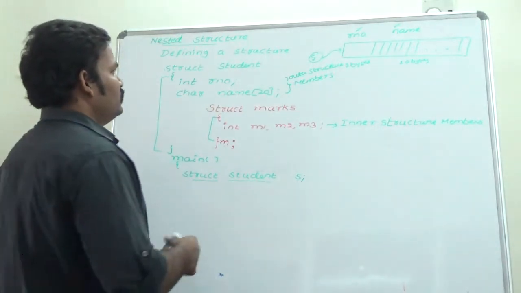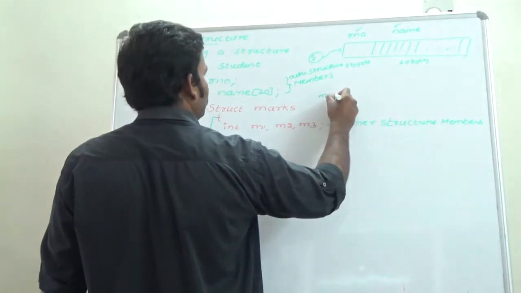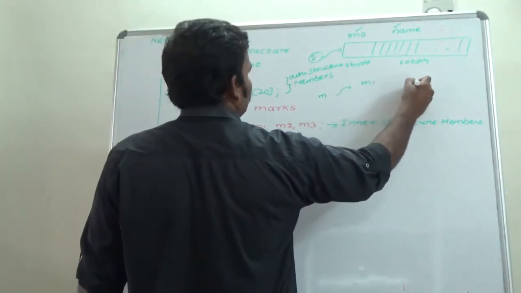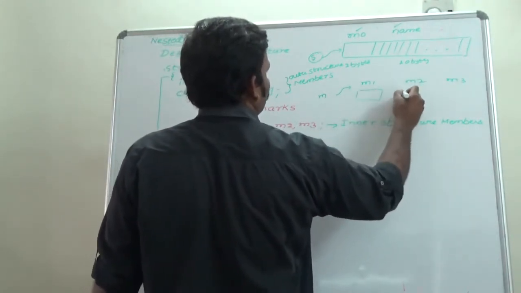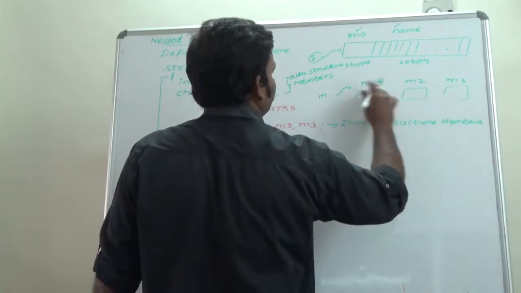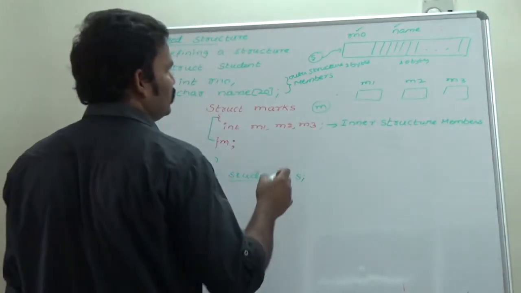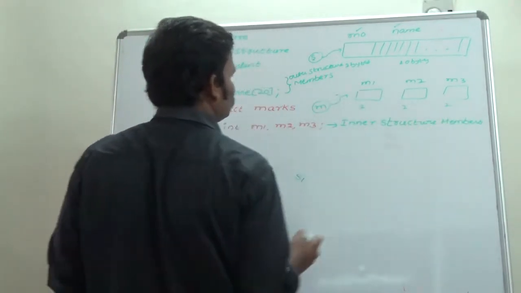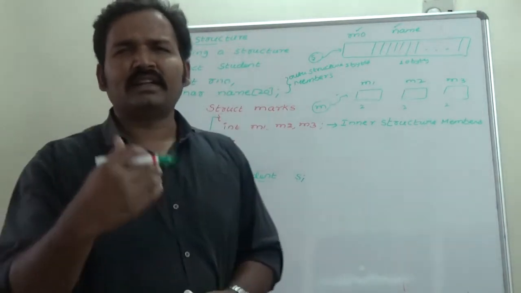So the members are M1, M2, M3. 2 bytes of memory are allocated for each of these members, 2 bytes. So clear. Now I want to read the data.